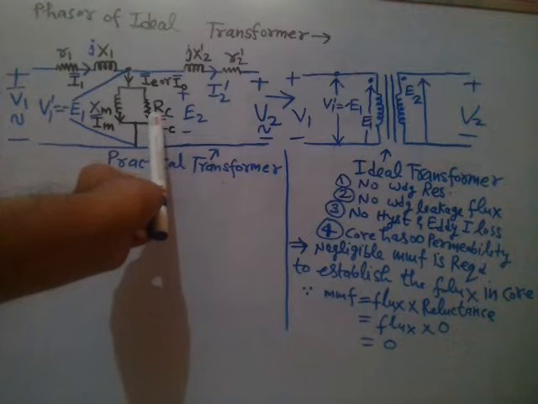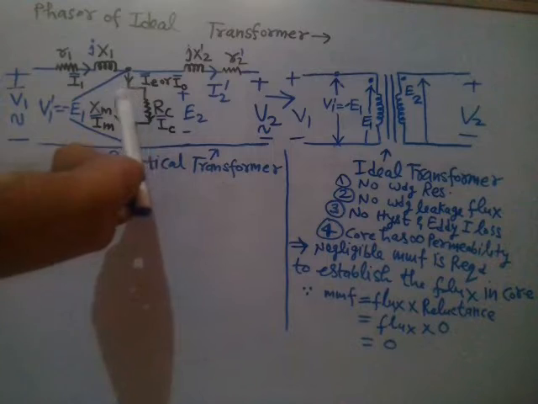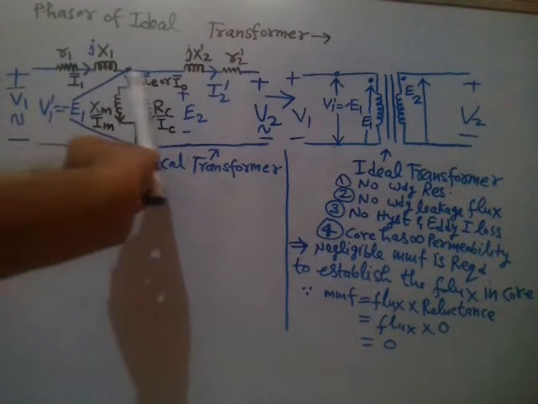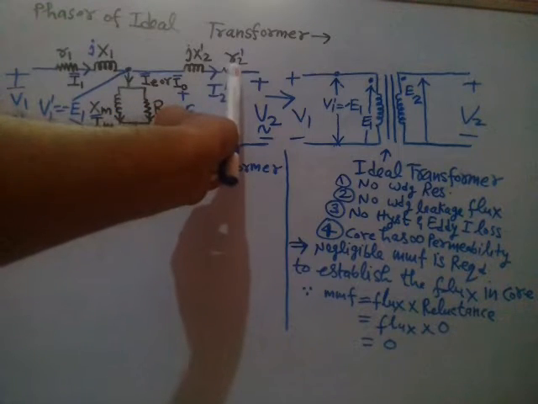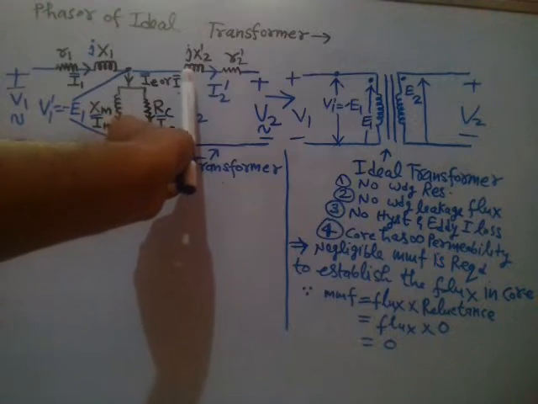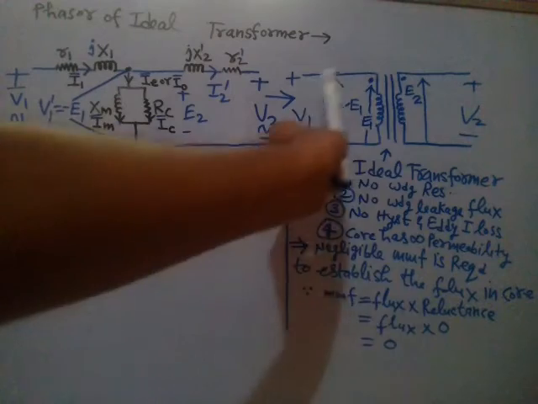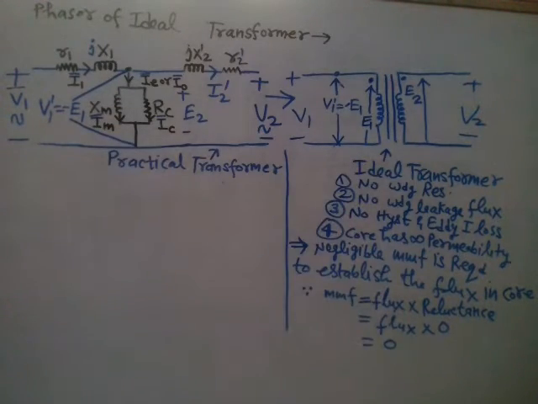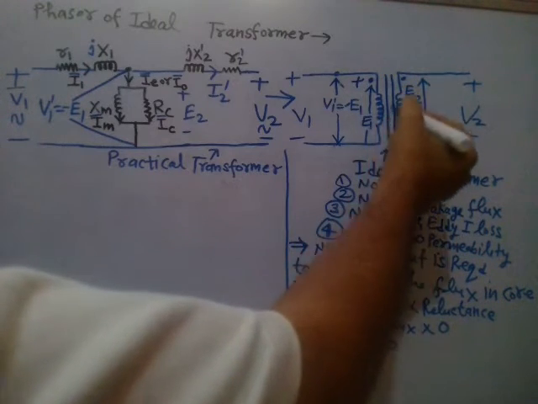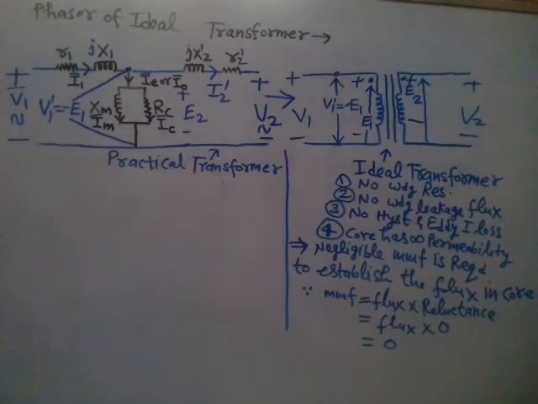Core loss is also zero, so remove RC, the whole shunt branch. Similarly, on the secondary side, remove the winding resistance R2 and the leakage reactance X2. If you remove all these, you get this circuit, which is the circuit of the ideal transformer.